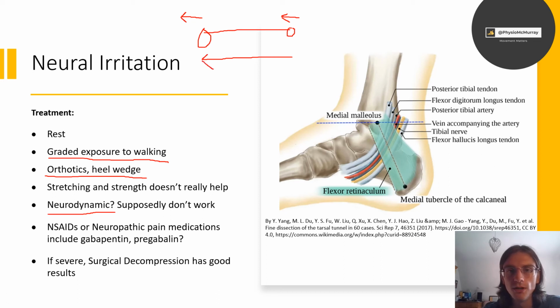So you can move it this way by moving it that way, and then if you move it the other way, you're sort of moving it up and down the sheath. So you stretch that way, release that way, and then you can do the opposite.